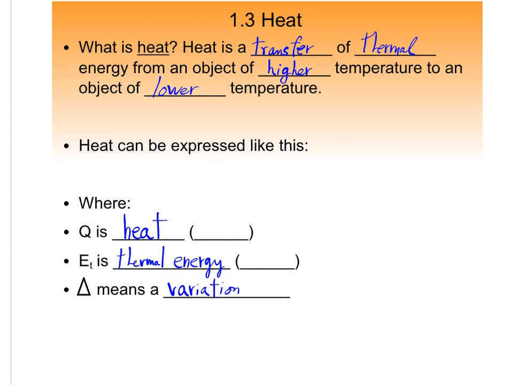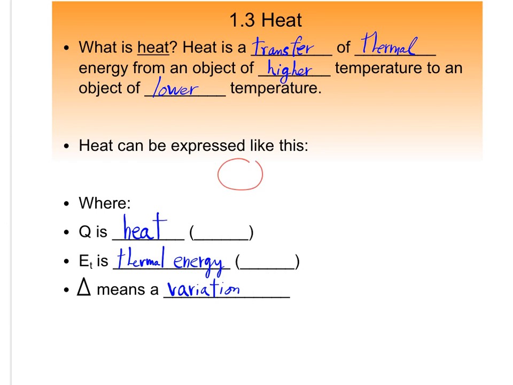Now, heat and temperature are often used in the same situations in everyday life, but they don't mean the same thing. Heat is a transfer of thermal energy from an object of higher temperature or higher energy to an object of lower temperature or lower energy. And heat can be expressed like this.